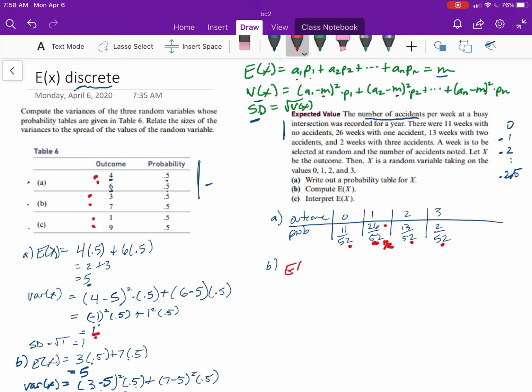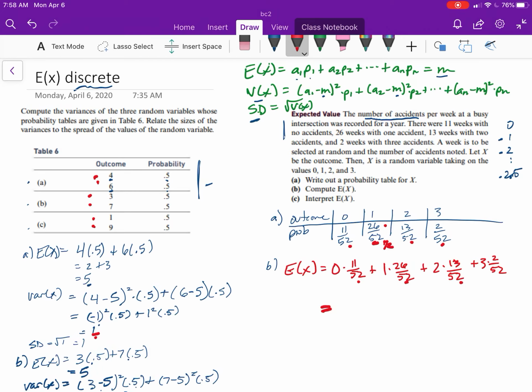Okay, E of X. Take each outcome, multiply by its probability. So 0 times 11 out of 52, plus 1 times 26 out of 52, plus 2 times 13 out of 52, plus 3 times 2 over 52. Now notice the LCD.